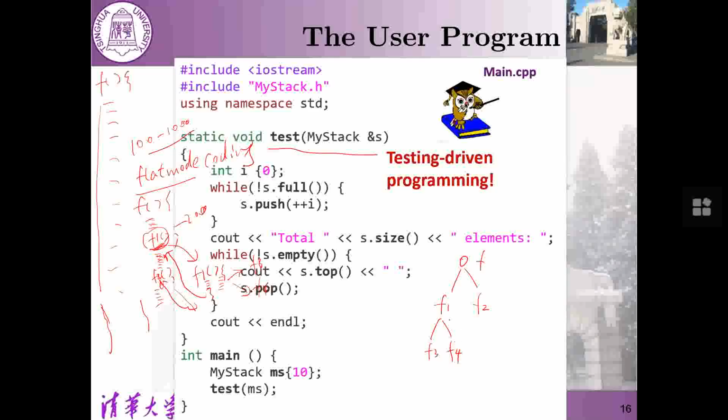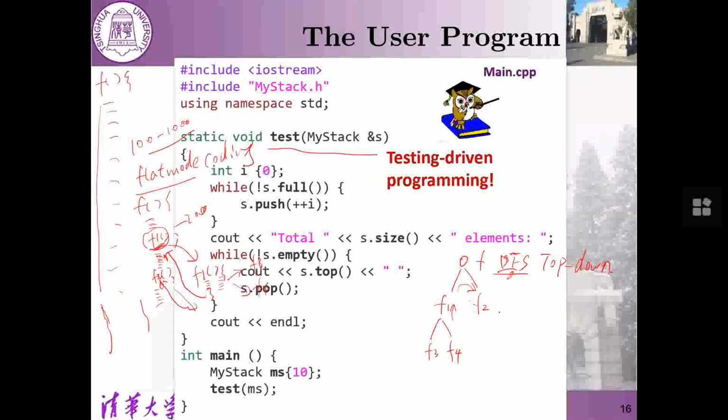After writing F4, you come back to F1. After coming back to F1, you come to F2. If some of you have learned depth first search, I call this DFS top-down coding. This is my name convention.